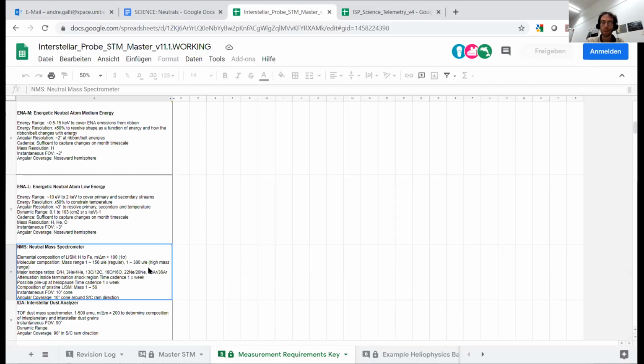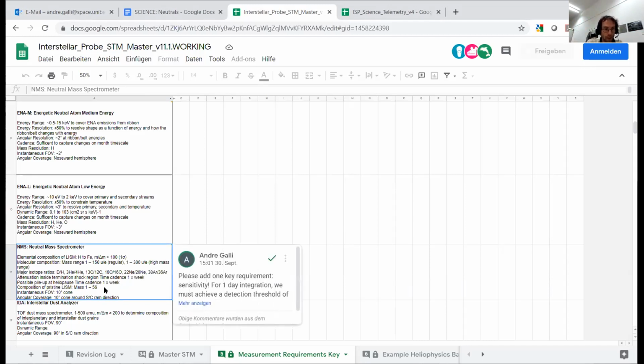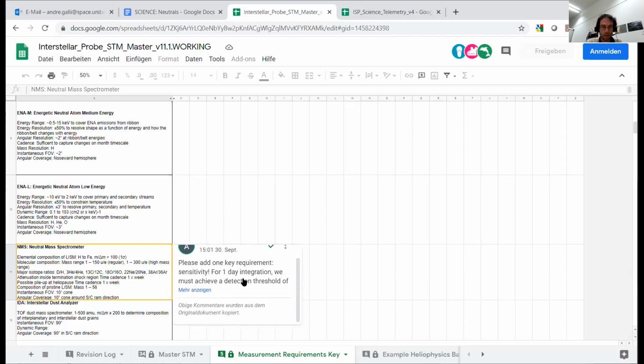So all that's very important for cosmochemistry, and it's very important to know the history of our part of the galaxy, and to relate those numbers to the solar composition. And then of course we added some more things. One key requirement is missing here. Sensitivity is very important. So how long do we have to integrate to get a useful measurement?